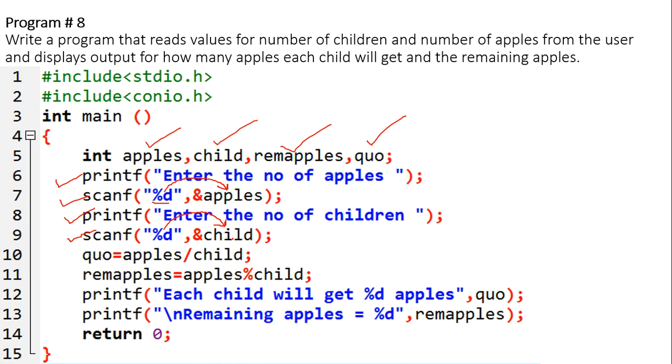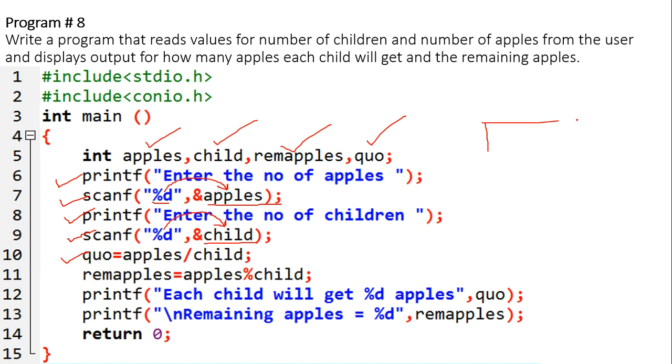Now as the values are stored, we can calculate the division part. So quo, the quotient part, is equal to apples divided by child. Simple slash, we use the front slash. The value of apples is divided by the value of child, and the quotient part is stored in quo.